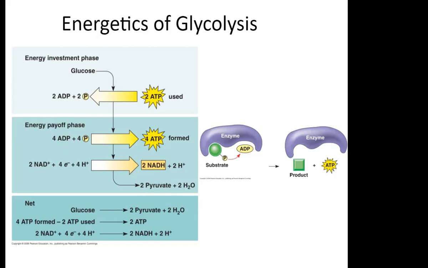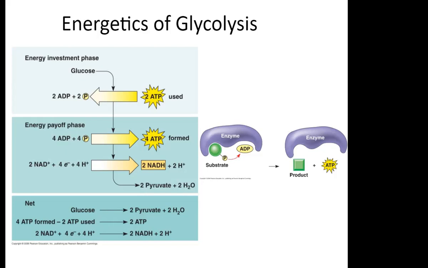What's happening to glucose in glycolysis? Well, how many carbons are in a glucose? Six. Okay. How many carbons do you think are in a pyruvate? So you have two 3-carbon molecules, right? So it's just been split.